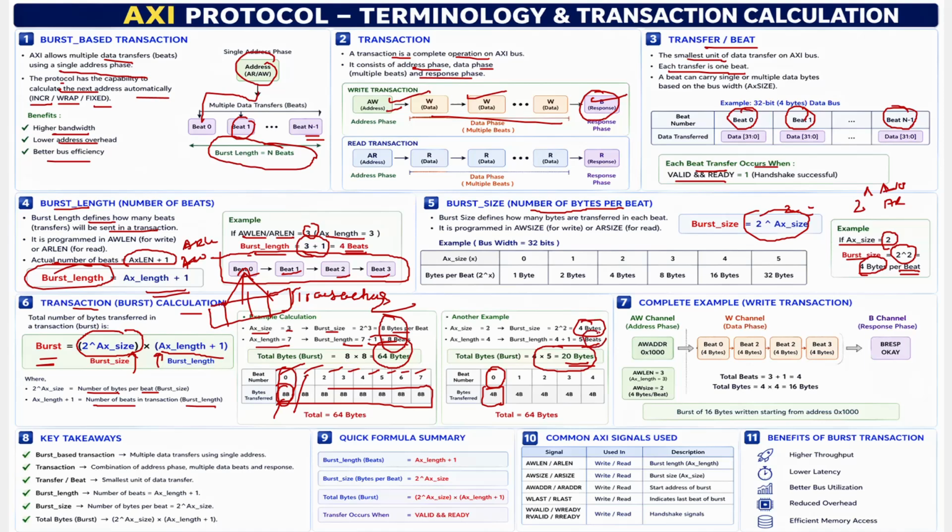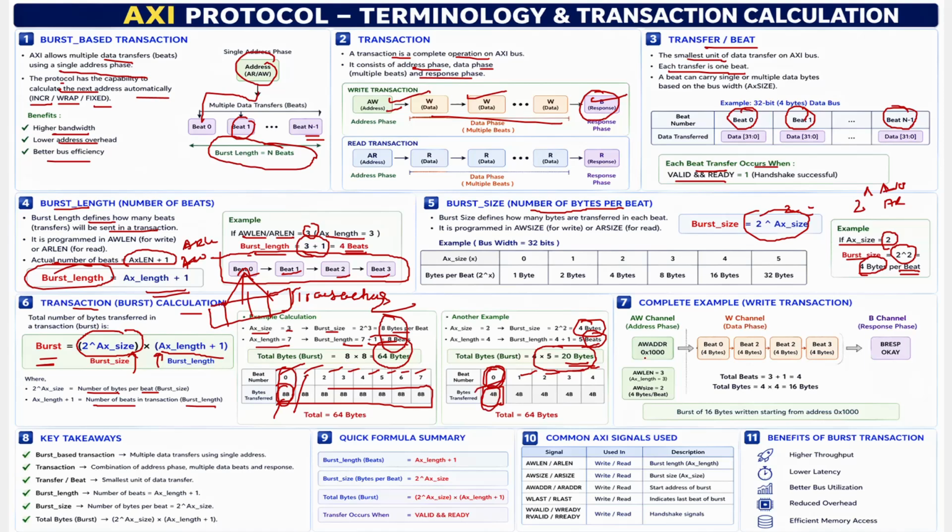In these 5 beats, 0, 1, 2, 3, 4, it will send based on the 5 beats. With 8 bytes per beat, 64 bytes will be transferred. Here, 5 beats and 4 bytes per beat.